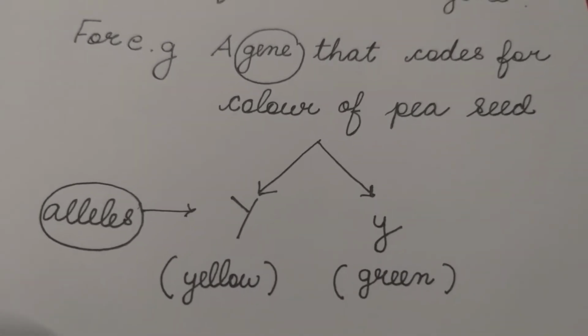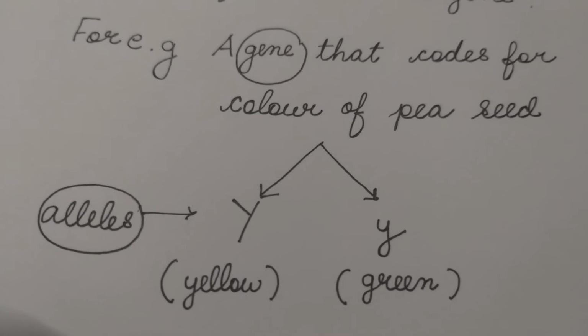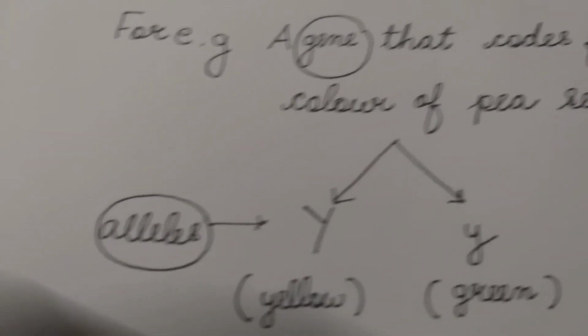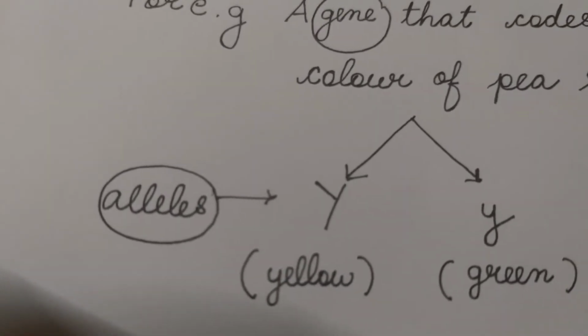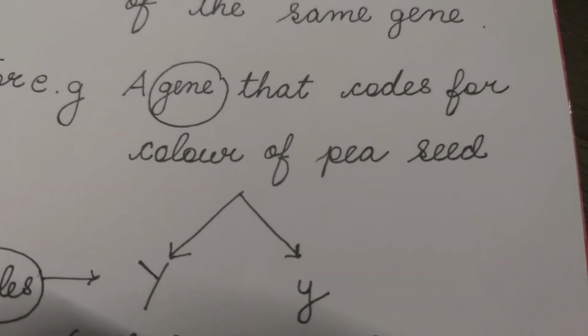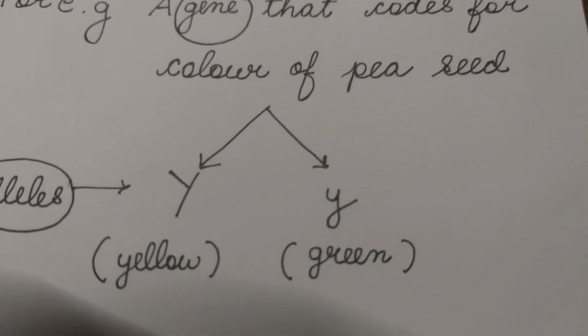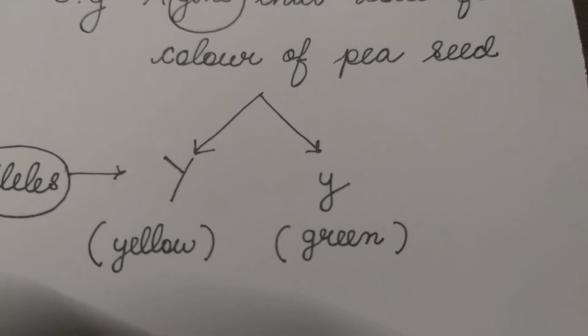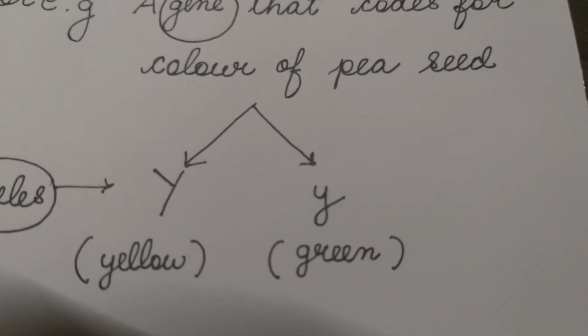Two slightly different forms, two alternative forms of the same gene are called alleles. A gene always exists in the form of two slightly different forms.